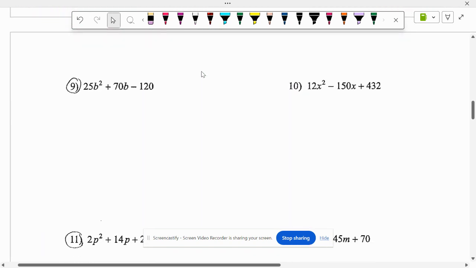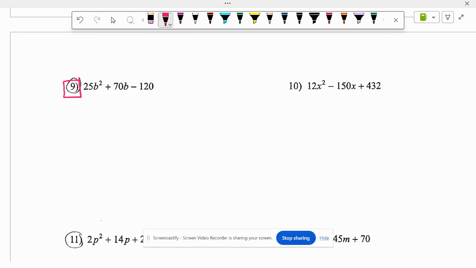When I take a look at number 9, I see that it is a trinomial. A does not equal 1, but it does contain a GCF.